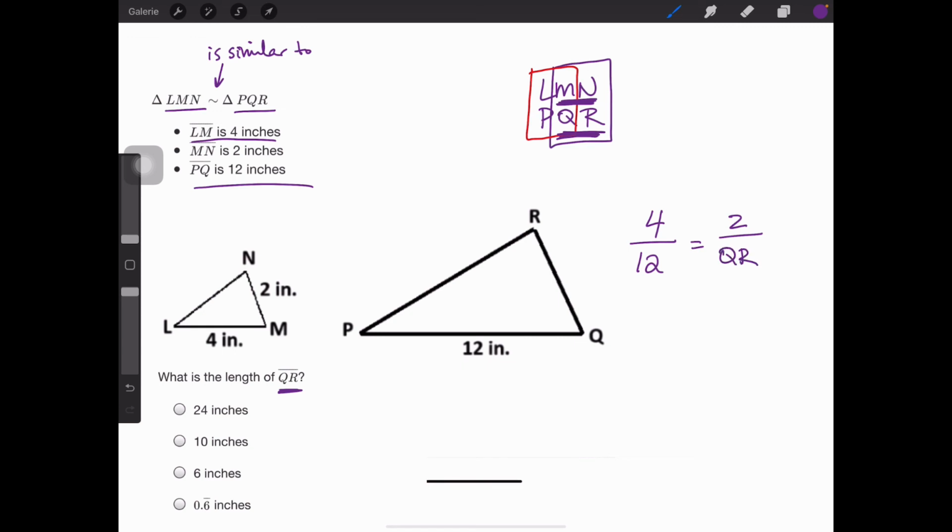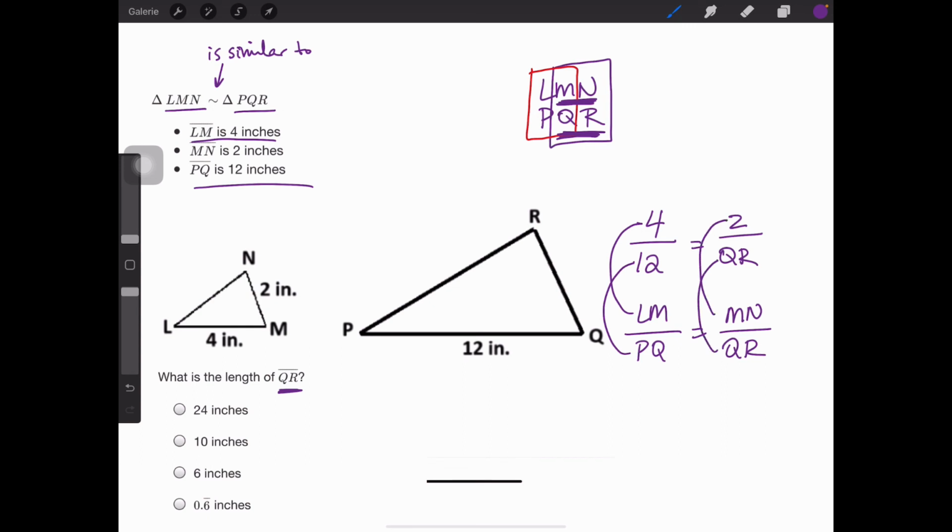So I can, again, write that out: LM over PQ equals MN over QR. That's where I got all of these, and then I just filled in those numbers using what I knew. So I knew LM is 4, PQ is 12, MN is 2, and QR we do not know.